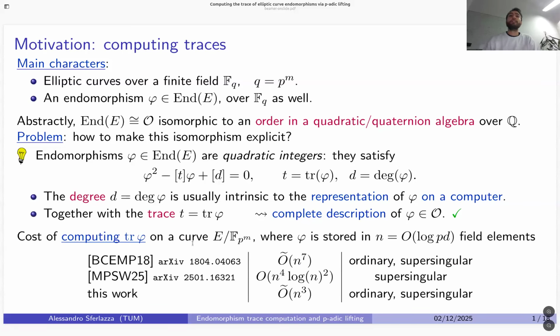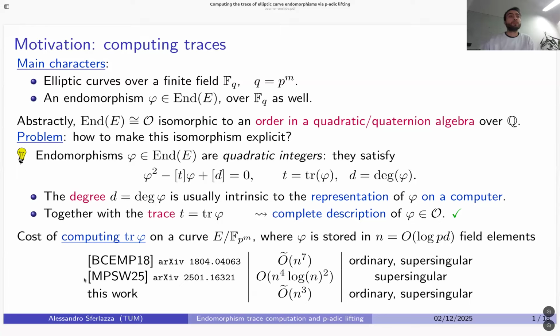As an overview, the algorithms to compute traces have been out for 10 years, pretty much. So in 2018, we got this algorithm by Banks, Camacho-Navarro, Enrega, Morrison, Park, that adapted Schoof-style algorithms and created a polynomial time algorithm to compute traces of both ordinary and supersingular curves.